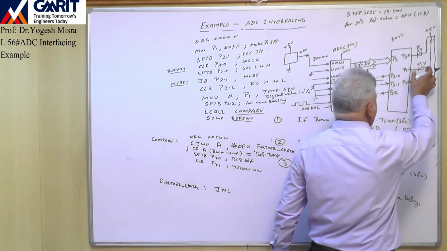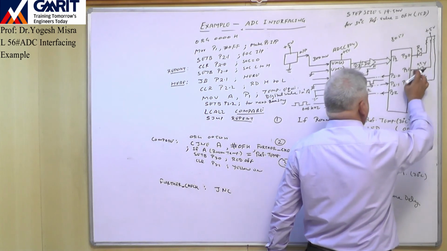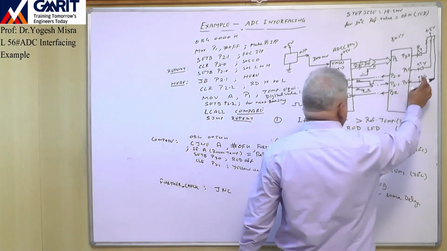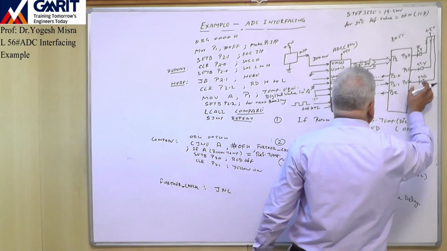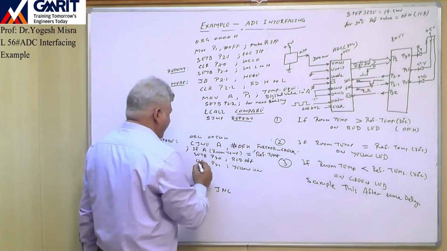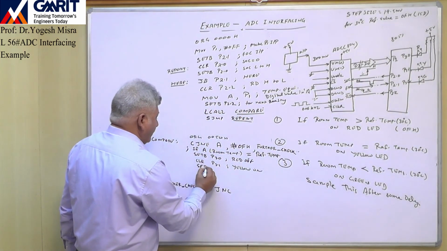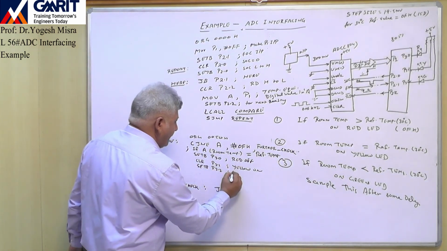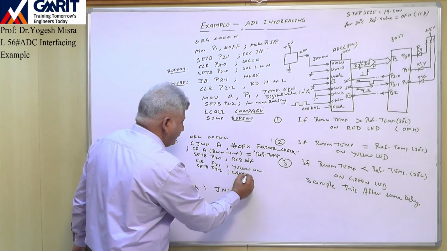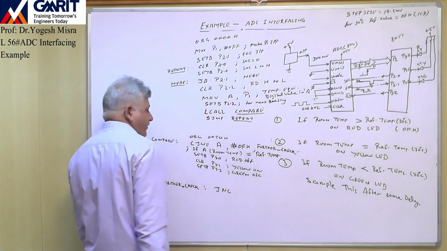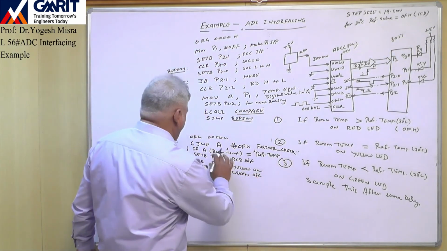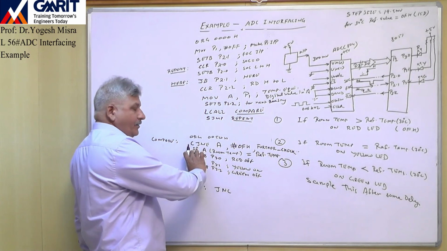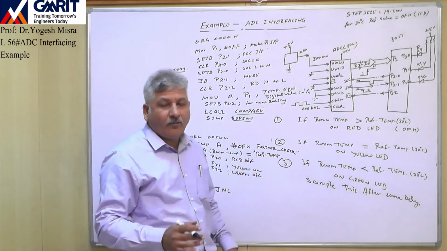If it is 0, then this LED will glow. And green off. For this we set, SETB P3.2. So this will make green off.